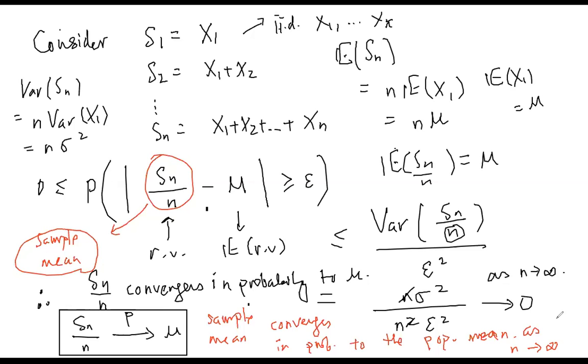It becomes almost impossible for it to escape from the population mean when the sample size increases. So that's why sample means are used so often to estimate the population mean.